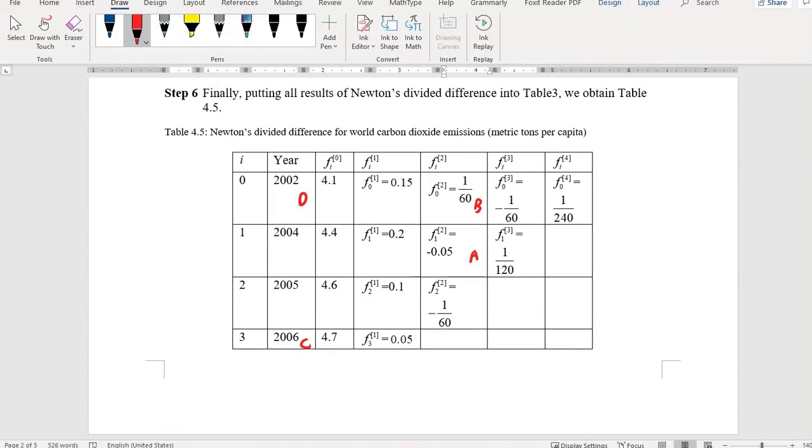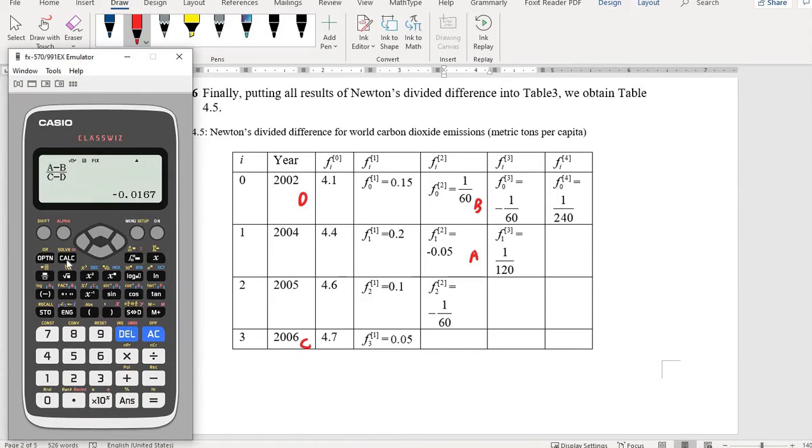And then you calculate again using the same formula. Now A is negative 0.05, B is 1 divided by 60. I take fractions because it will be more accurate compared to floating point. So C is 2006, D is 2002.